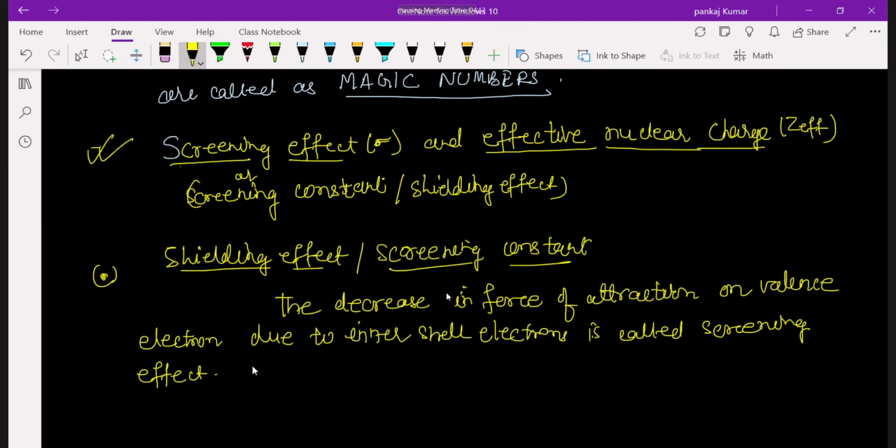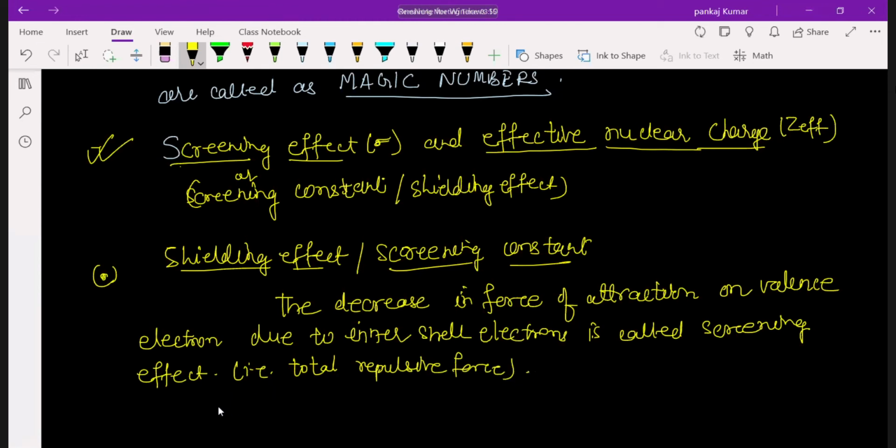Okay, that is the total repulsive force. How much time is there? Four minutes, right? Total repulsive force.